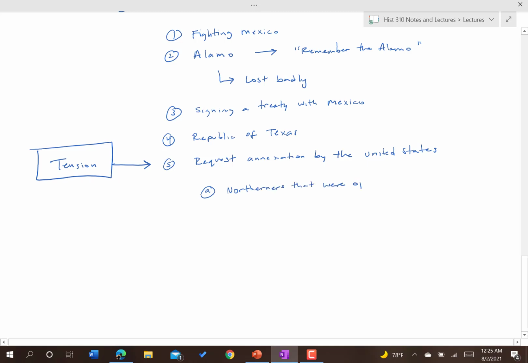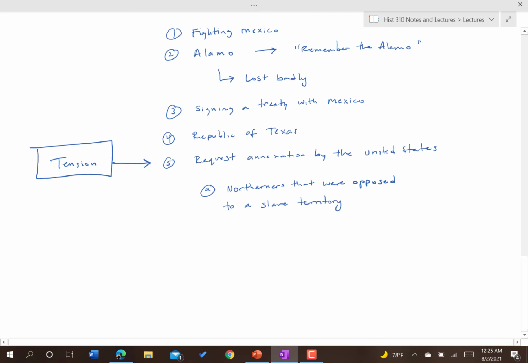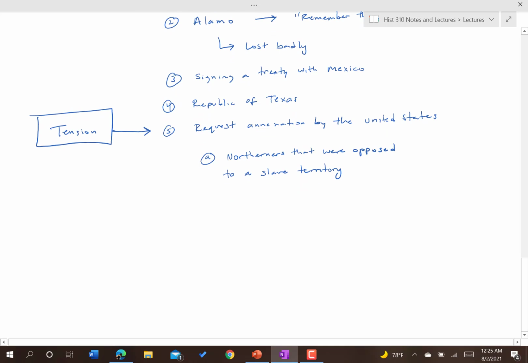So, of course, you have Northerners, not all, but there were many Northerners that were opposed. And they were opposed because, if you remember, most of the people that were coming in were slave owners, and they're opposed to a slave territory. They didn't want a slave territory, and they didn't want a potential for a slave state coming in because, of course, this is connected to the abolitionist views, the political ones that we talked about.